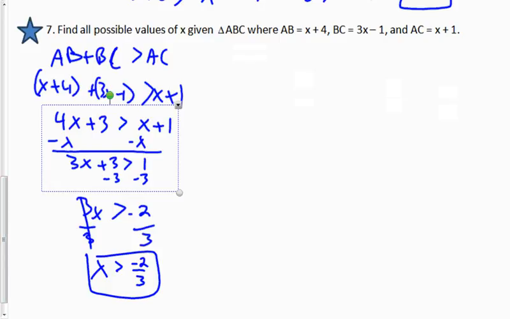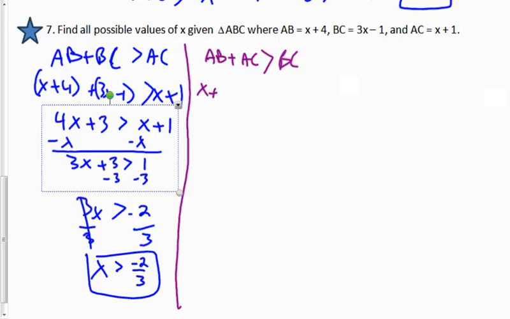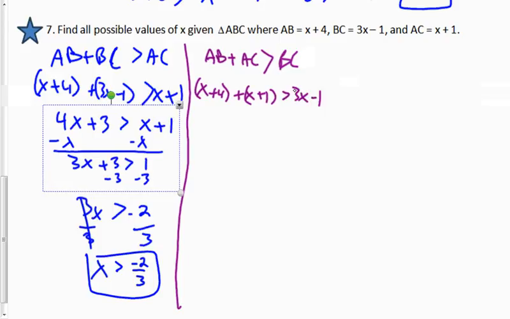Now I'm going to do the same thing with a different one. Let's say that AB plus AC has to be greater than BC. So that would be x plus 4 and x plus 1 has to be greater than 3x minus 1. All right, let's do this.